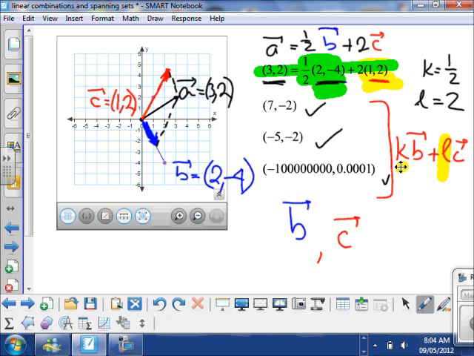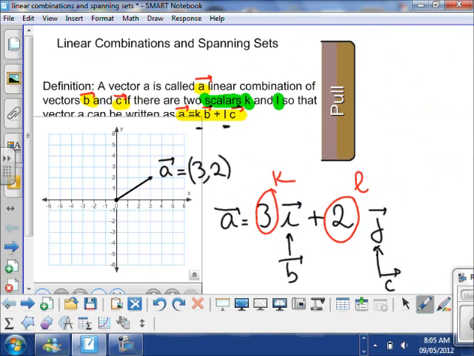I don't think so. If you're good with your algebra, you can find values for k and l so that any vector in the xy plane can be written in terms of b and c. So there you go. I knew from before that I can generate any vector in the plane xy using the unit vectors i and j.